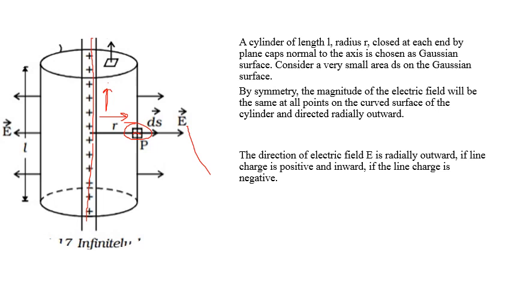The curved surface is similar. The direction of electric field is radially outward if the charge is positive. If we take negative charge, then the direction will be radially inward.